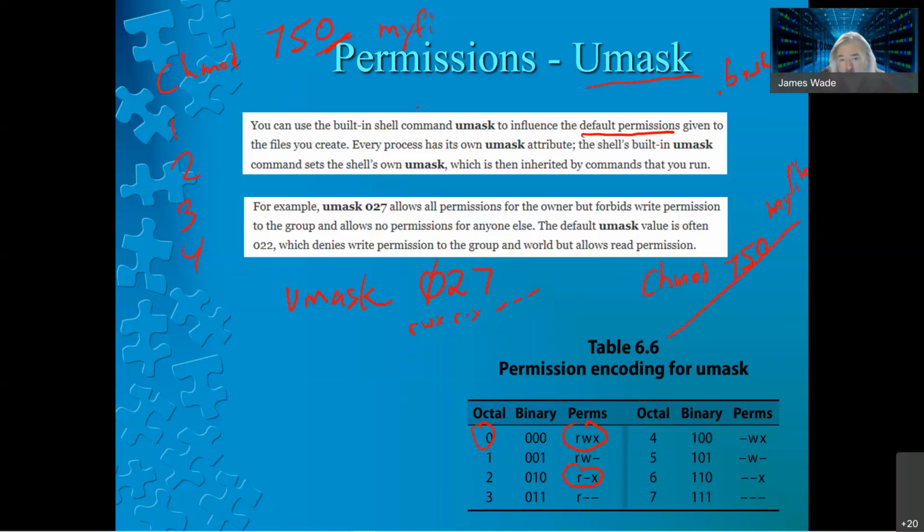That's what I would have to do. This would give me, once again, read, write, execute, and the world gets nothing. So the chmod command works like this, and the umask is the inverse of chmod. I know it's crazy. I'm not sure why they did it.